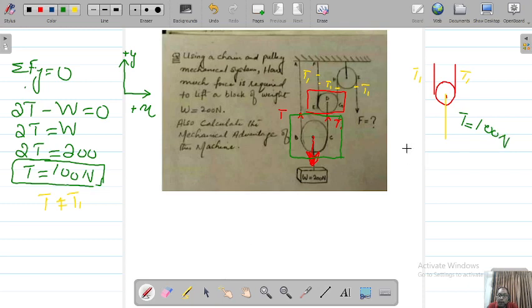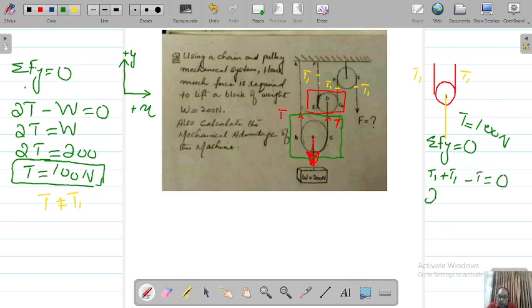So you again apply sigma Fy equal to 0. You can see this is T1 plus T1, and this is towards the negative y, so minus T is equal to 0.